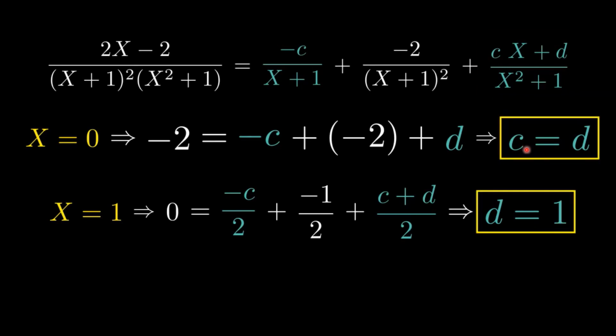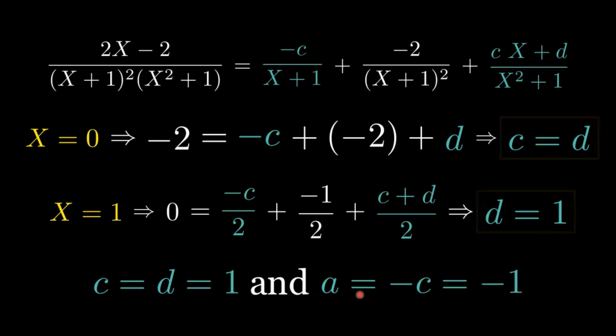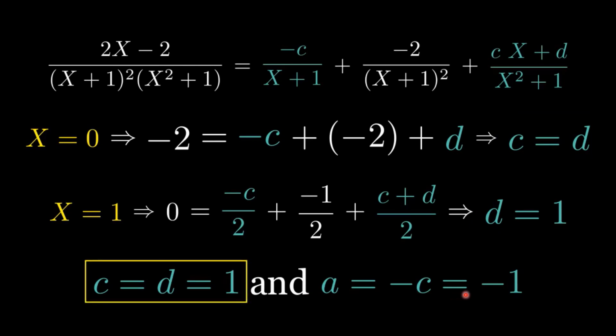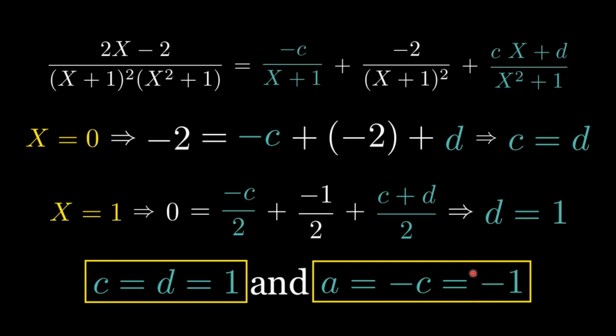We have c equals d and d equals 1. So c equals d equals 1. And we have a equals minus c equals negative 1. Now we have all the unknowns. a is negative 1, c equals d equals 1, and b equals negative 2.